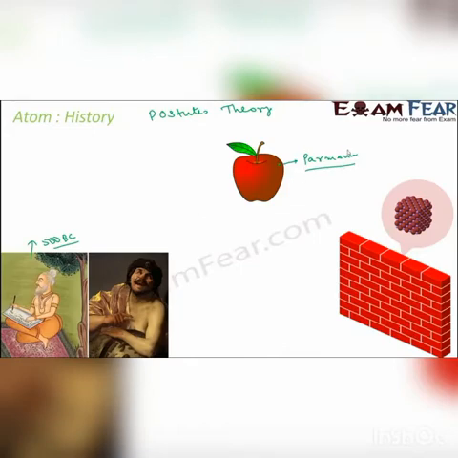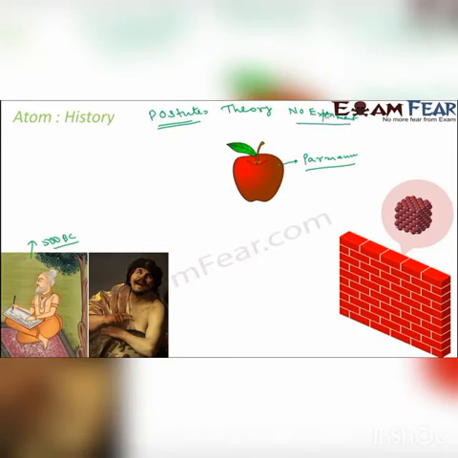So he told that there are only a few different types of atoms or Parmanu, and these Parmanu combined to form different types of matter. That's what he postulated. Please note, these are all postulates. There were no experiments done at that time. No experiment to prove. Right? They were all theory.